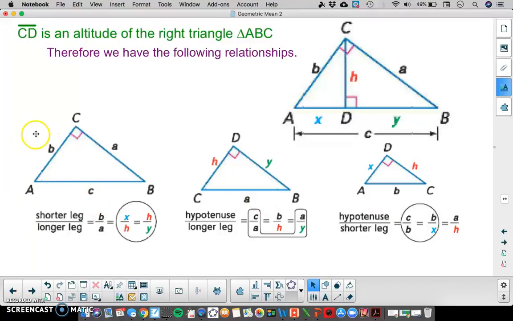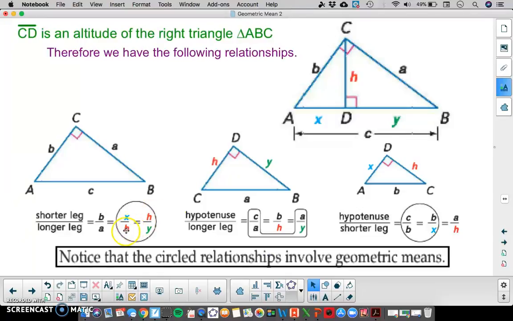So C to B is the same as A to H, which is the same as B to X. Now notice in each one of those circled relationships, they involve a geometric mean. So in a later video, we're actually going to connect these two concepts of the geometric mean and these similar right triangles.